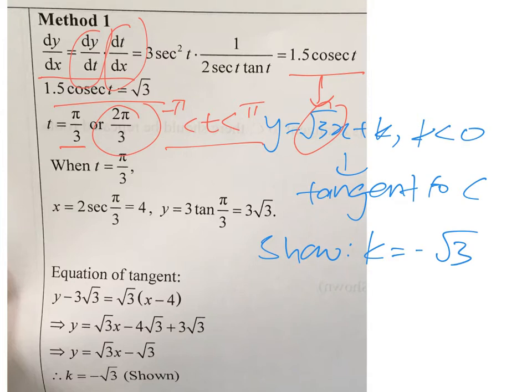So when t equals pi over 3, plug into the x function, you get a value of x equals 4, and plug into the y function, you get a value of y equals 3 root 3.